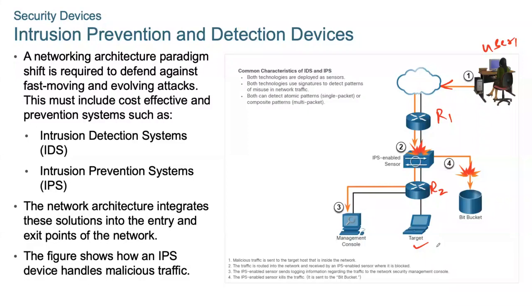During this process, when this malicious traffic is forwarded through the internet towards your private network, the traffic is routed into the network and received by your intrusion prevention system. What is the job of the intrusion prevention system? It is deployed at the entry and exit point of your network, and it uses signatures to detect patterns of misuse in the network traffic.